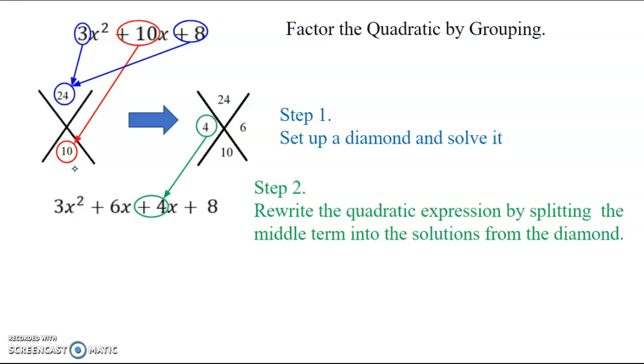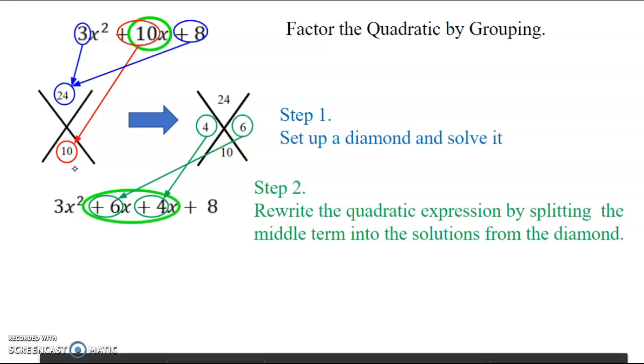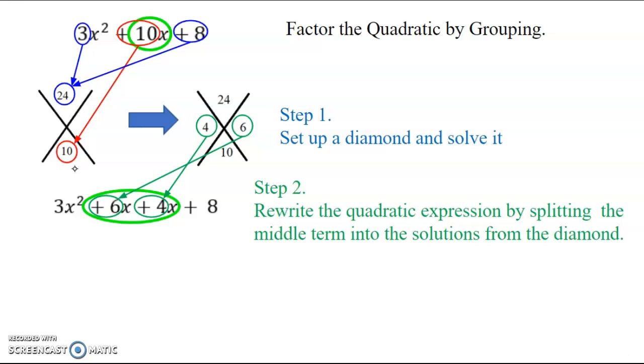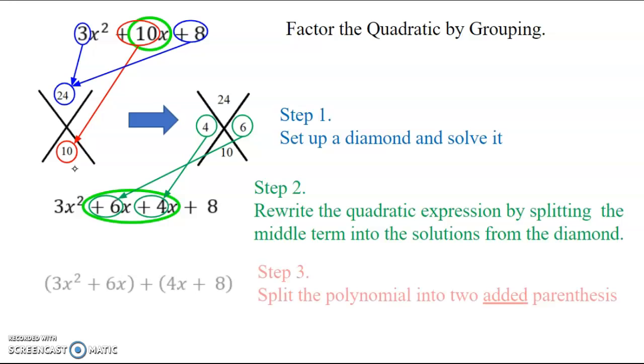So the 4 comes here, 4x, and then 6 comes there. Notice that this 10x is just being split up as plus 6x plus 4x. So this expression is exactly the same as this expression in value. It's just that the middle term is split up. That's what we're trying to do.